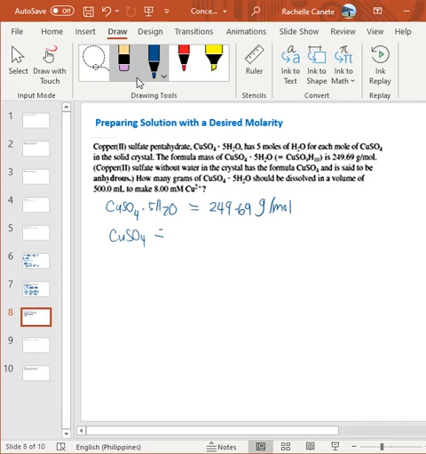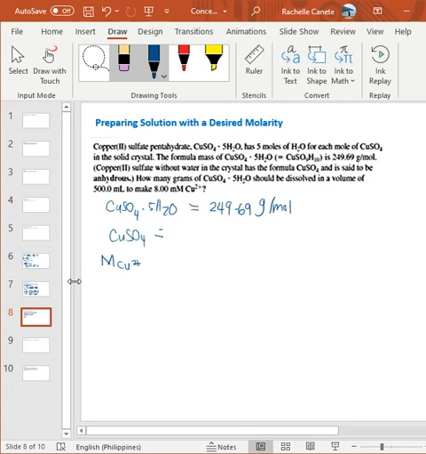How many grams of copper sulfate pentahydrate should be dissolved in a volume of 500 ml to make 8 millimolar of copper 2 plus? Okay. So, we are given the molarity of copper 2 plus.